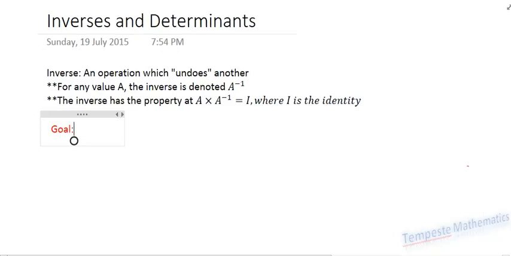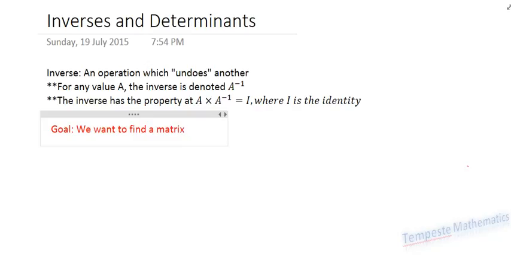All right, so our big goal for today. By the end of today, we want to find a matrix with this special name, A inverse. I'd really prefer that you say A inverse, not A negative 1.